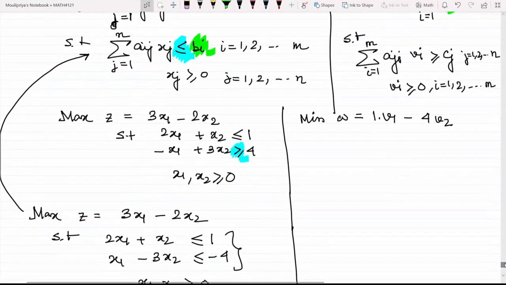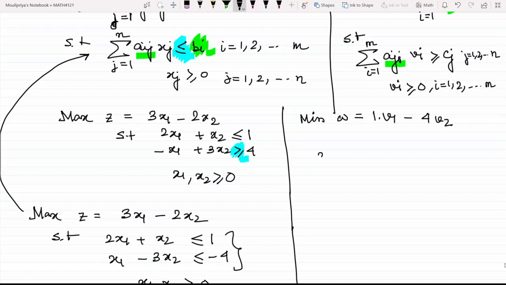Then what do we have? These aij become aji. That implies what we had considered row wise will now be considered column wise. That is, we would be having, tell me, what do we have?